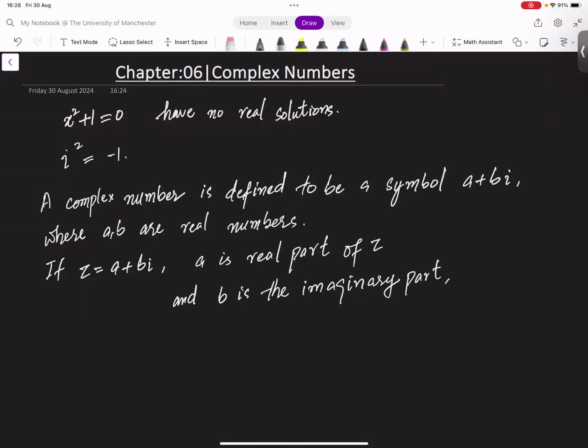So we can also write a is Re of z and b is Im of z. Something like that. We can define the addition and multiplication of complex numbers by the following rules.